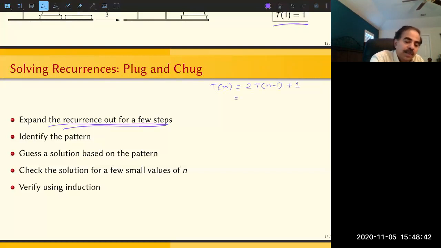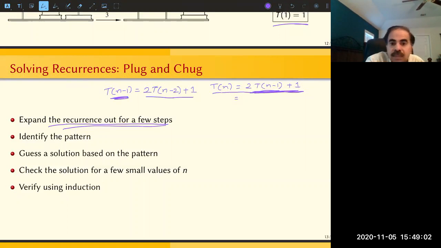Now you expand it out by saying T of n minus 1 equals 2 times T of n minus 2 plus 1, the same equation applied to n minus 1.